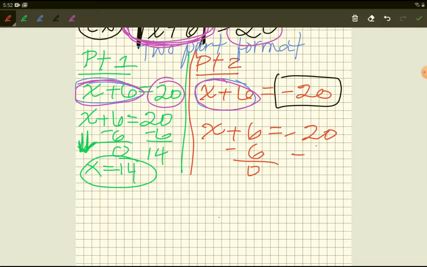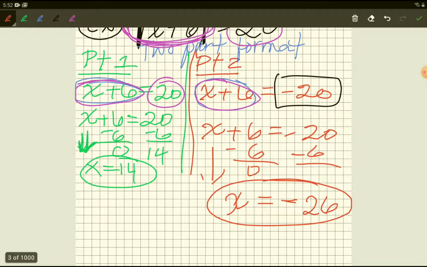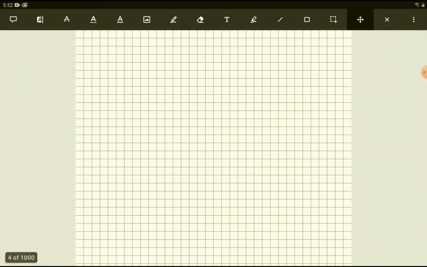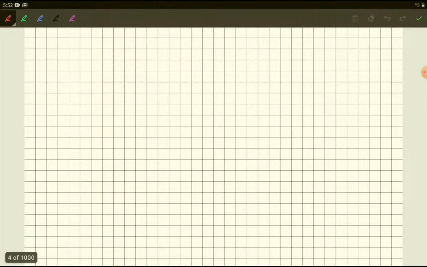Subtract 6 on both sides, and x equals negative 26. So, part 1, part 2. Every absolute value question has a part 1 and a part 2. Let's go to the next page on absolute value.